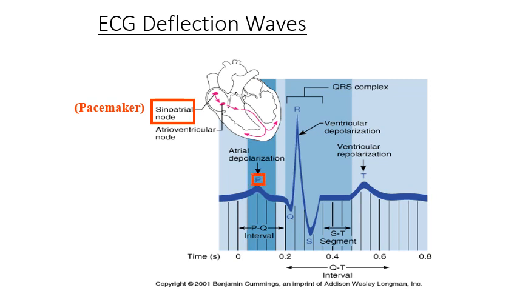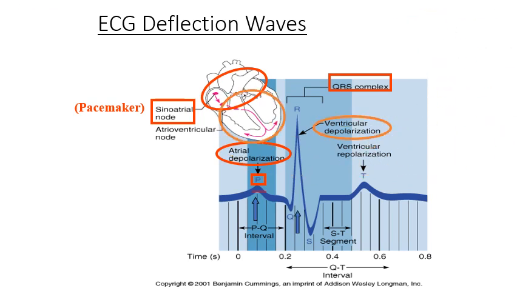Okay, so the atrial depolarization is represented on the ECG wave by the P wave, as we know. And we have the QRS complex, which represents the ventricular depolarization, which happens after a while of the atrial depolarization.